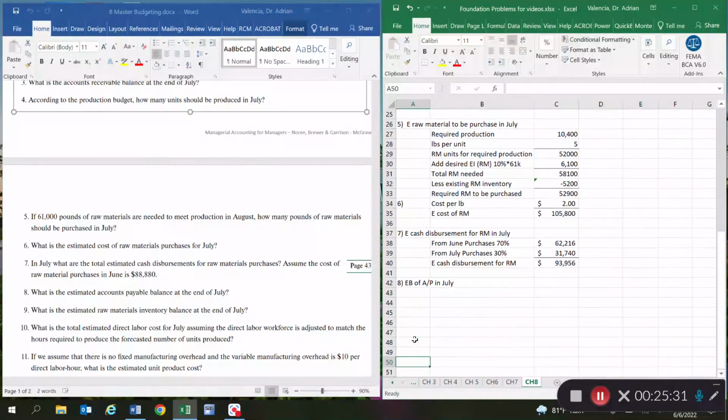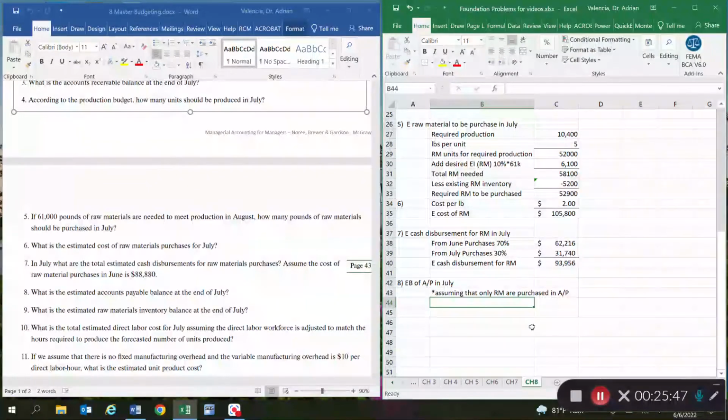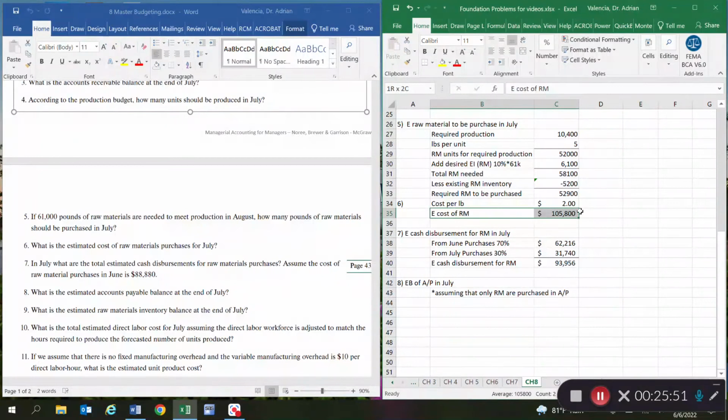And we're assuming, and that's a big assumption, that only raw materials are purchased in AP, because normally many other things are purchased through accounts payable, right? But here we're just going to say, well, we made purchases of 105 in July, of which we paid 30% of that. So the remaining AP balance will simply be the difference.